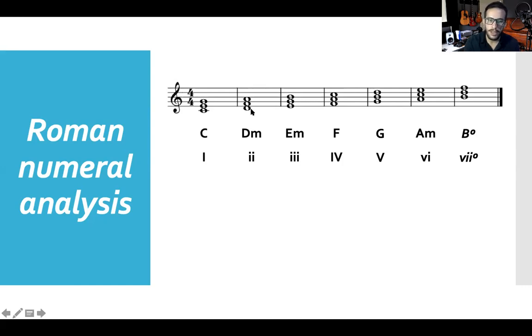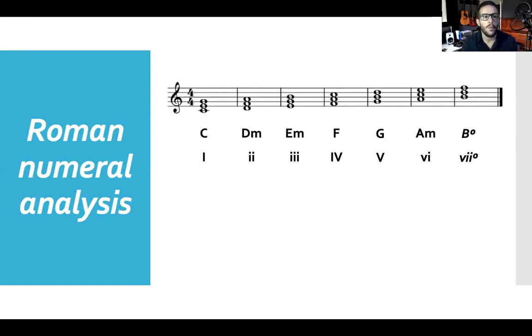The chord that you make on the second note of the scale is going to be minor. The one you make on the third note is going to be minor. The one on the fourth note is going to be major. The one made on the fifth note is going to be major. The one on the sixth is going to be minor. And the one made on the seventh note is going to be diminished.